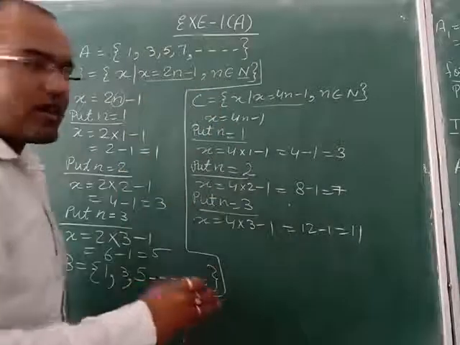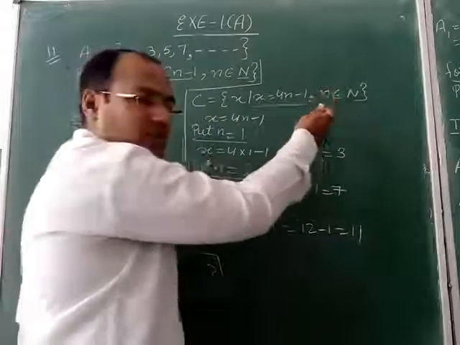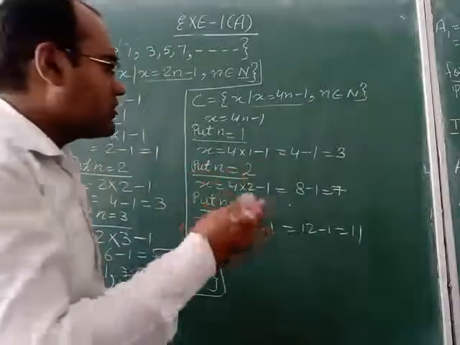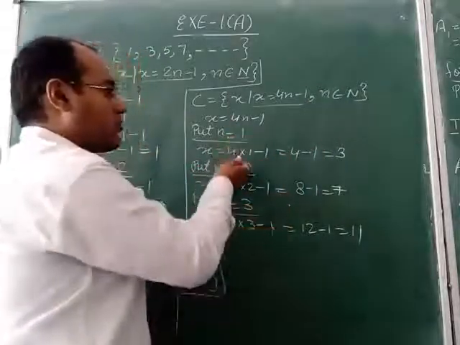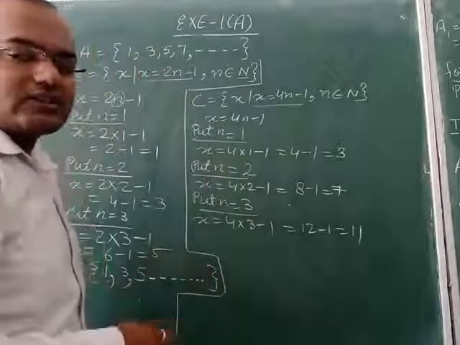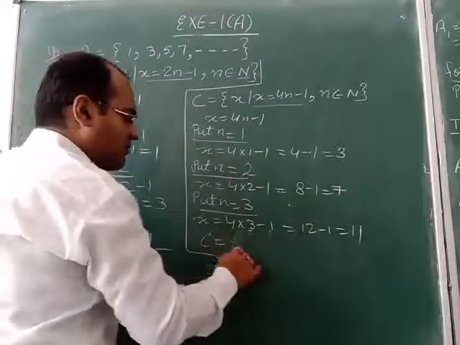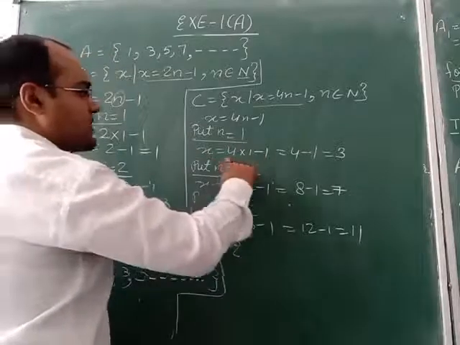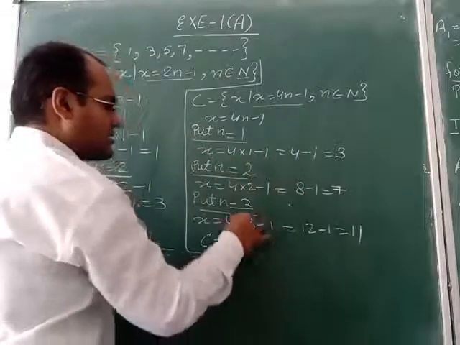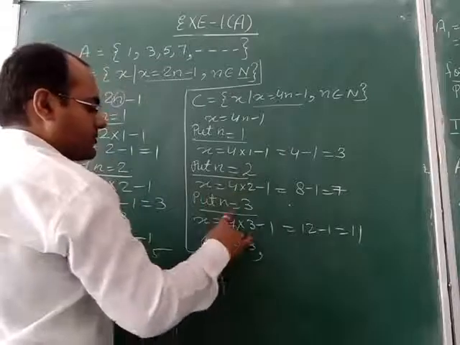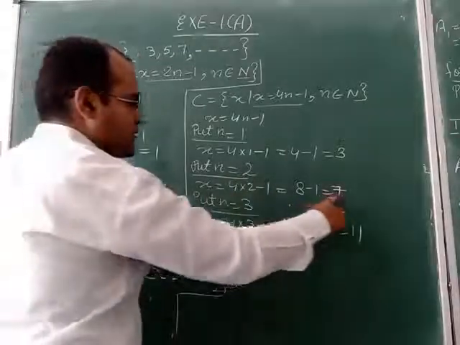Same work we have to do here. Last value of n, it is not given in the question. So what we will do? We will keep on putting the values of n and our answers will be infinite. So C is equal to, first answer of C is, X answer is 3. Second answer of C set is 7.